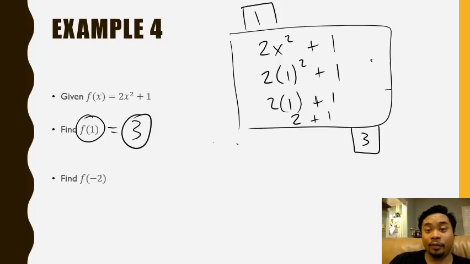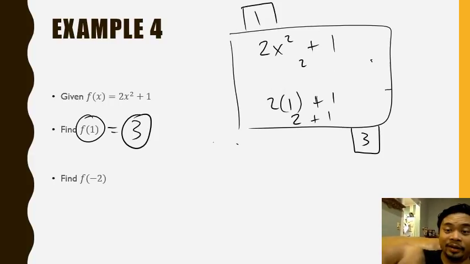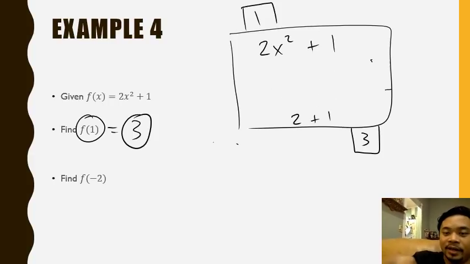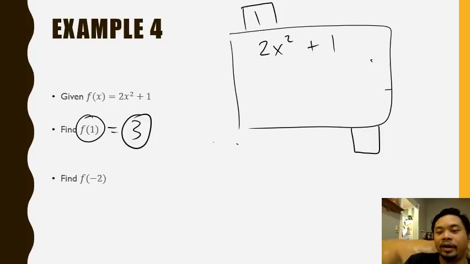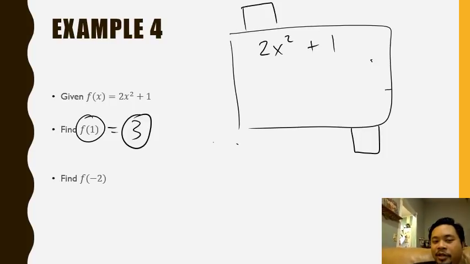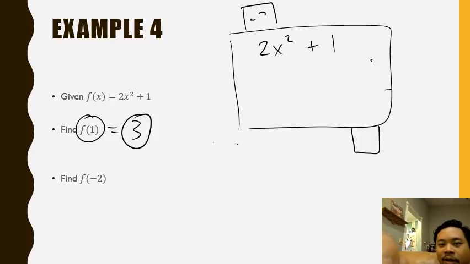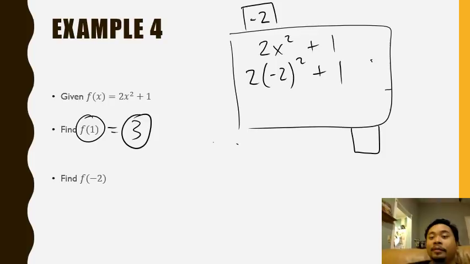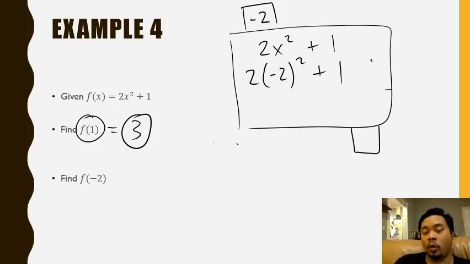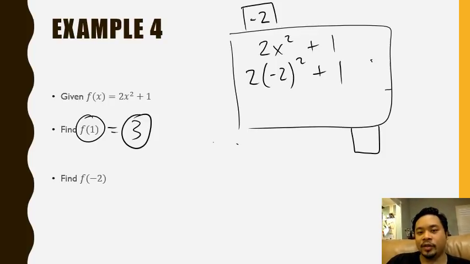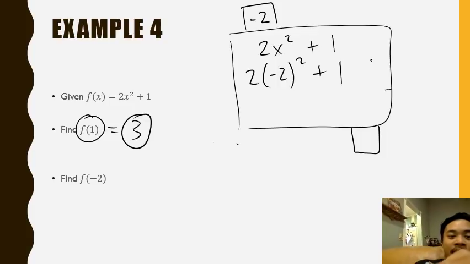Let's see what happens if we start with a brand new input. So same function, the only thing that I'm changing here is what I'm plugging into my function machine. So I'm going to plug in -2 here, and wherever I see an x, I'm going to change it with a -2. So again, what comes first here is the exponents according to my order of operations. So that's -2 squared. So be careful here.